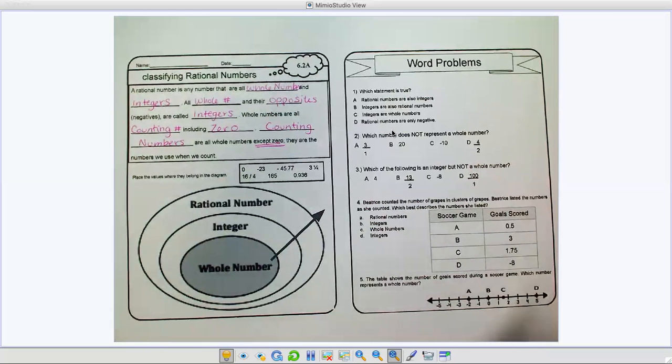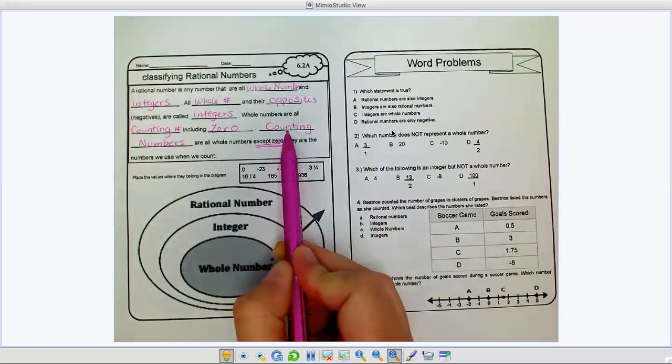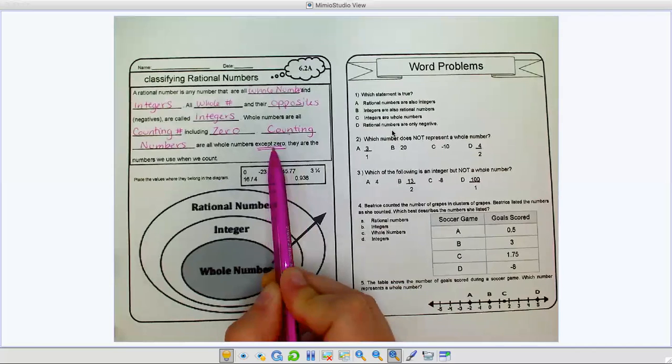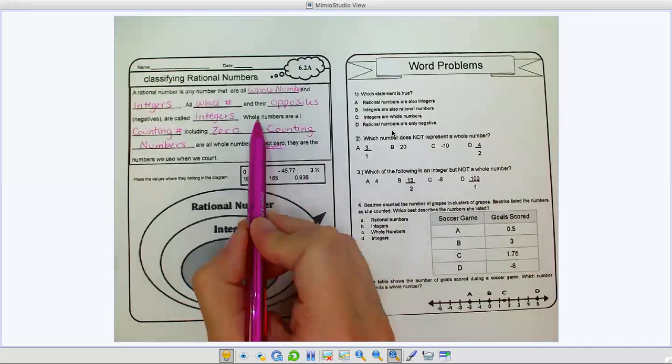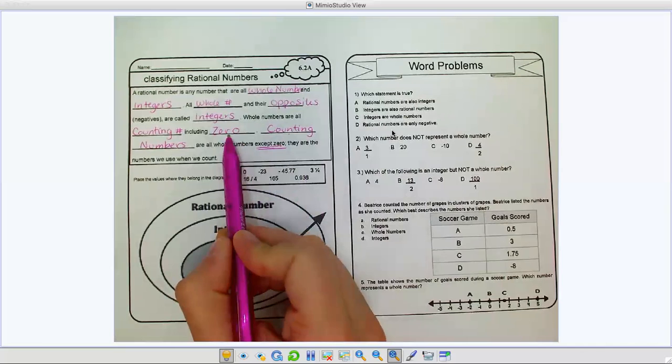So if you think about it, counting numbers are kind of what 5-year-olds will pick up on. So 1, 2, 3, 4, 5, so on and so forth. They don't know 0 yet because they don't understand that you can't have nothing. Then we grow up and we learn about whole numbers, and whole numbers include 0 because now we're more refined. We know that nothing can exist.